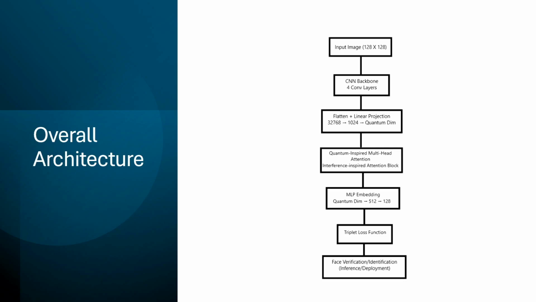So you filter out here what is really important and what is not. Then you pass it into quantum-inspired multi-head attention, just so that the model can learn different aspects of the facial recognition itself. And the entire pipeline is driven by a triplet loss function. We'll be diving into each one of those in just a second.